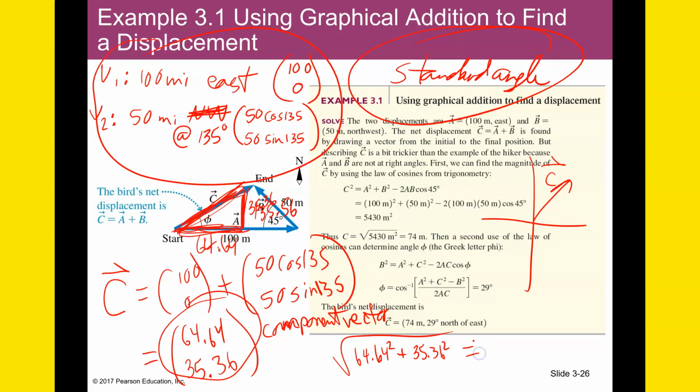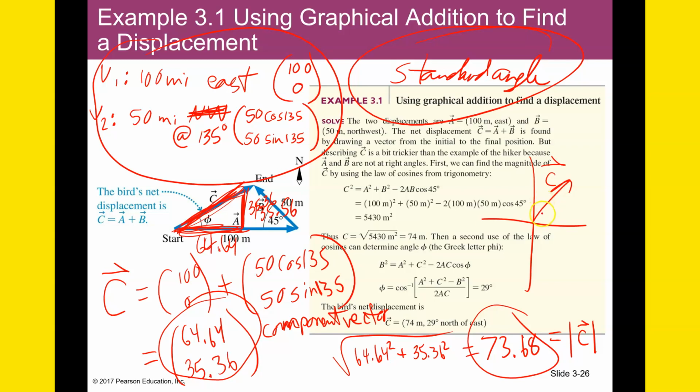And that gets you your magnitude, your hypotenuse. When I did this in my calculator, I got 73.68 as the magnitude of C. That's the magnitude of the displacement of the bird that we're talking about here.